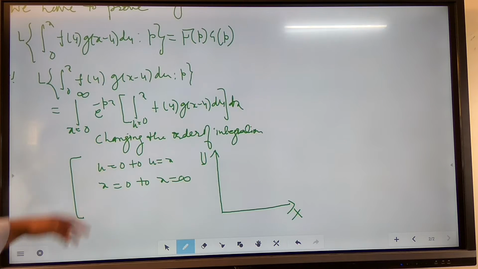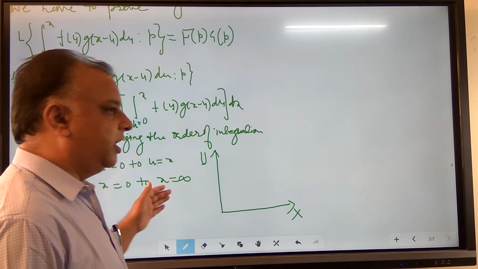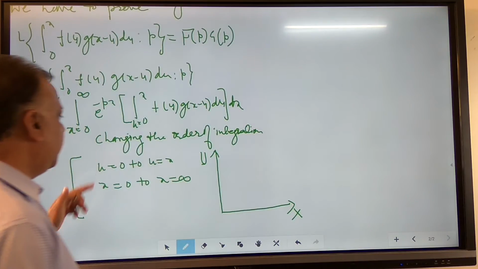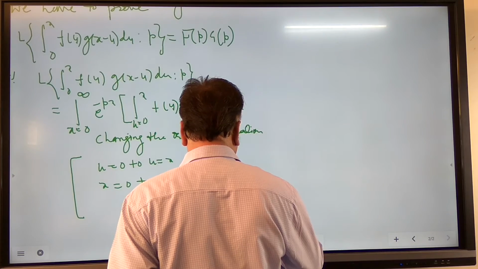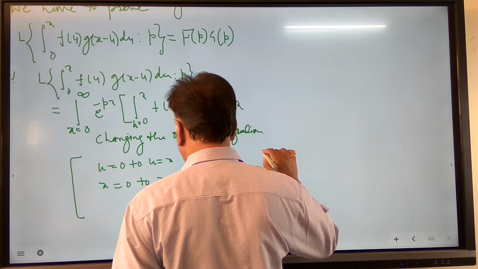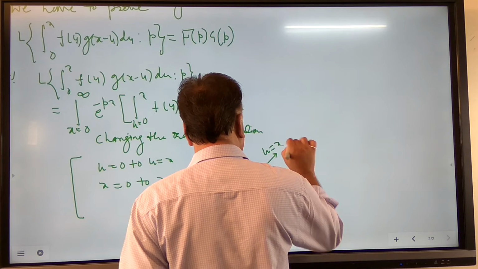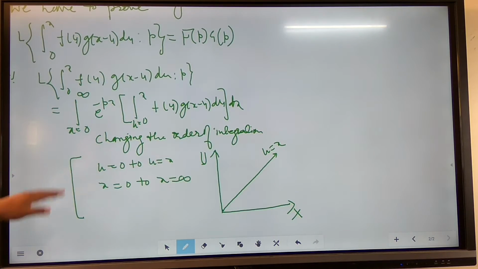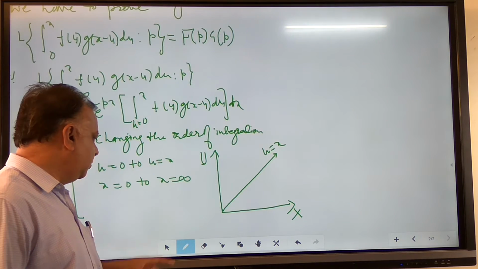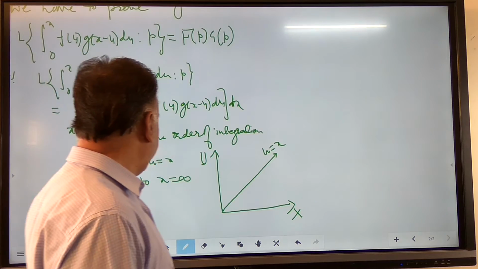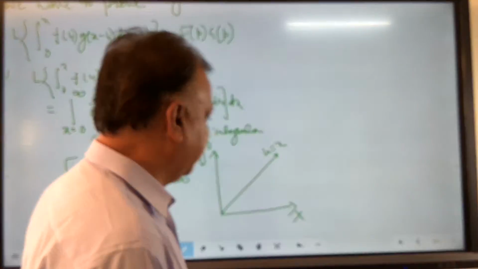The limit u equals 0 is the axis of x, and the limit u equals x is a line inclined at 45 degrees. So this is u equals x, and x equals 0 is the axis of u, and x goes towards infinity.